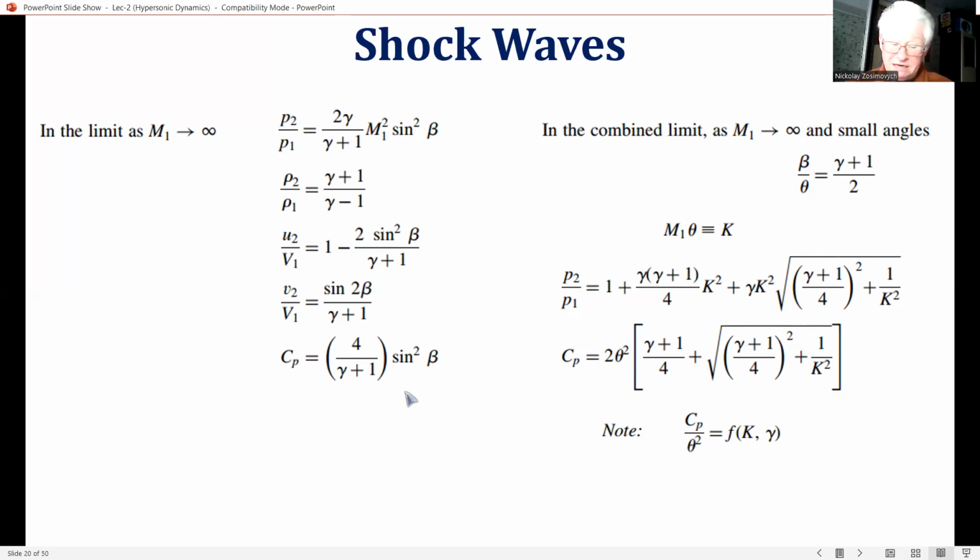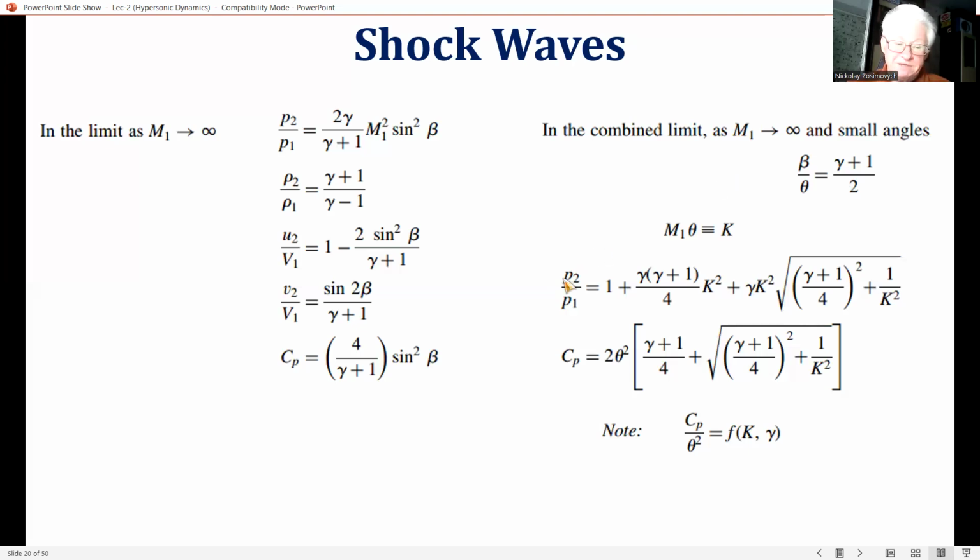In the combined limit, the same case when M1 goes to infinity and for small angles, we may rewrite this as beta over theta equals gamma plus 1 over 2.